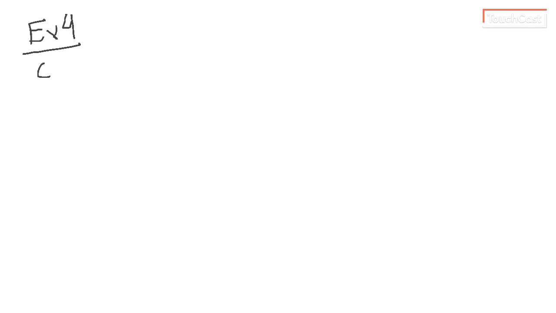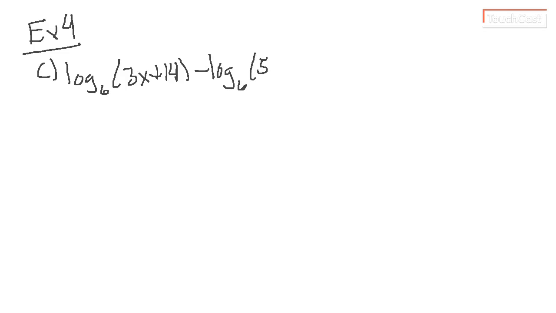we are going to take log with the base 6 of 3x plus 14, and subtract log with a base 6 of 5, and that's equal to log with a base 6 of 2x.